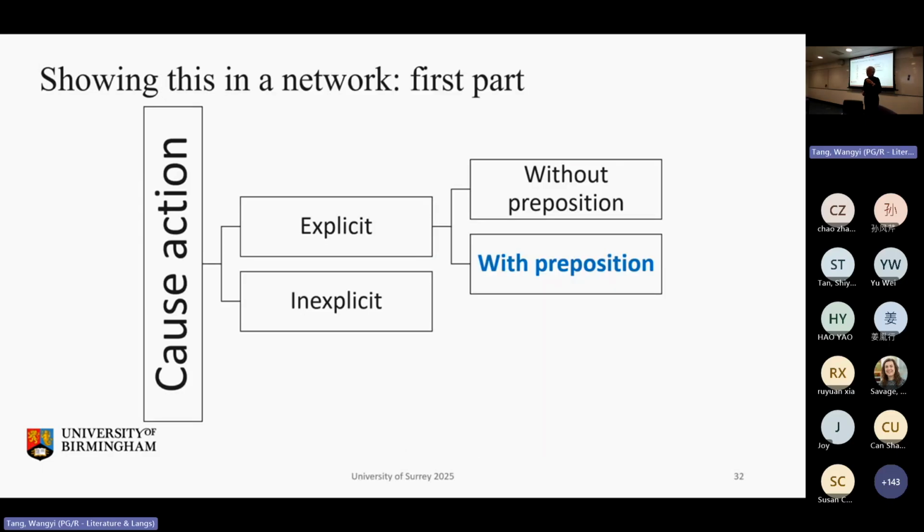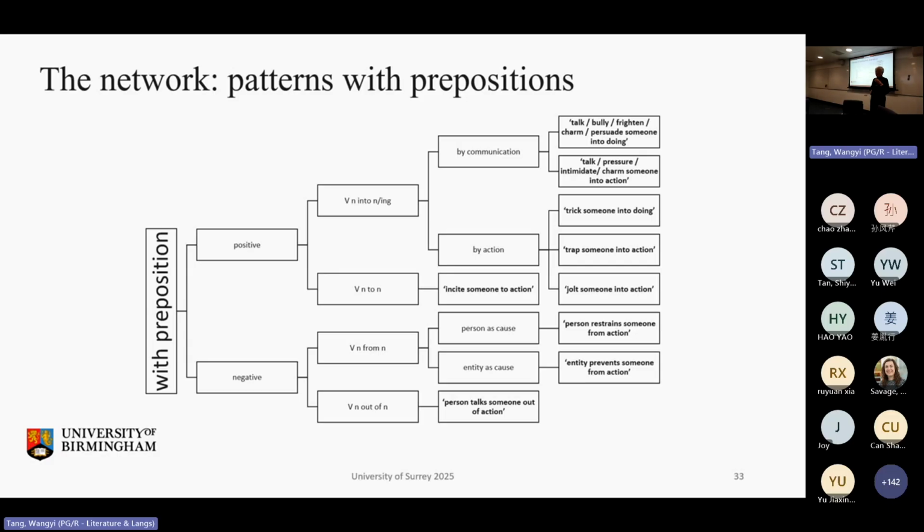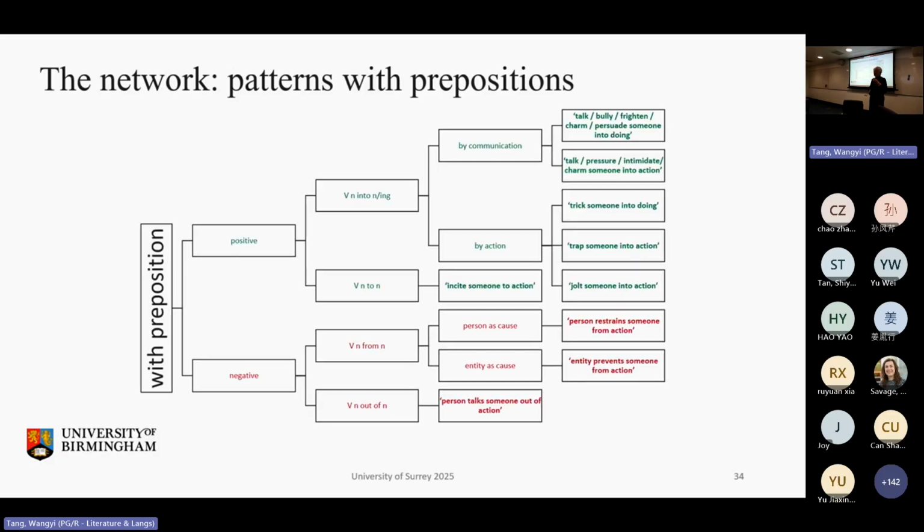We can do the same with the prepositions. So those are the patterns with prepositions. And we have, this time, separating positive and negative. So we have verb, noun, things like talk somebody into doing something, trick somebody into doing something, trap someone into an action, jolt someone into an action, and so on.